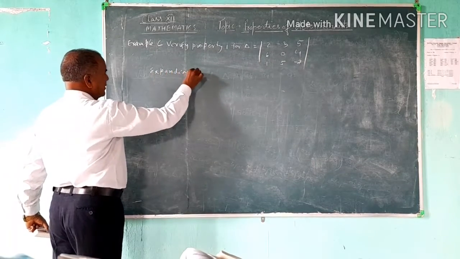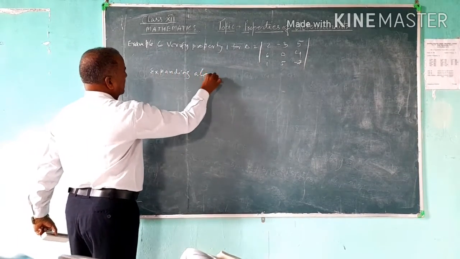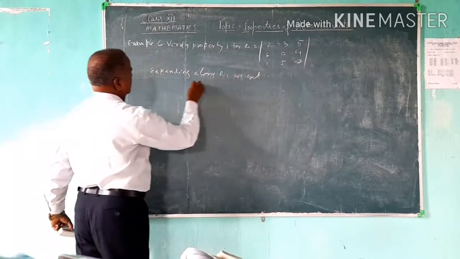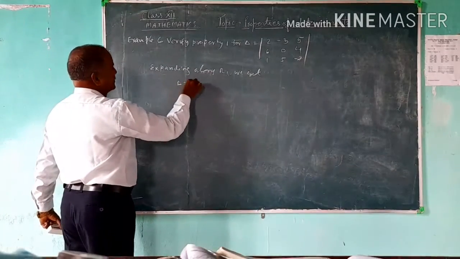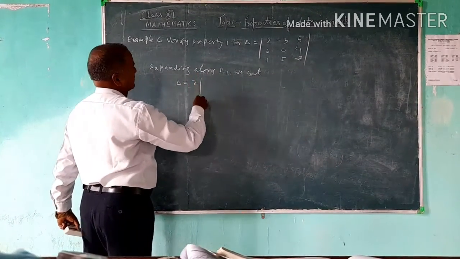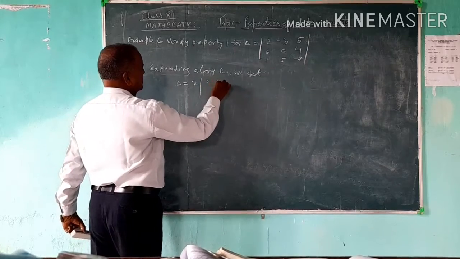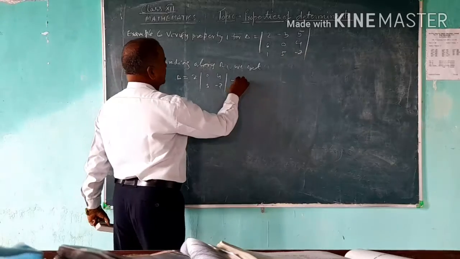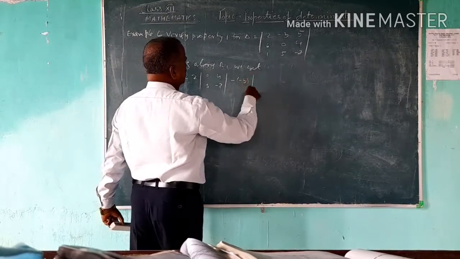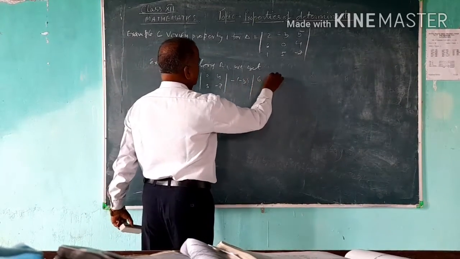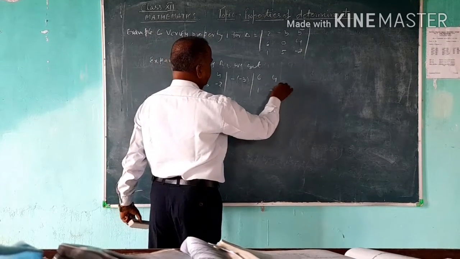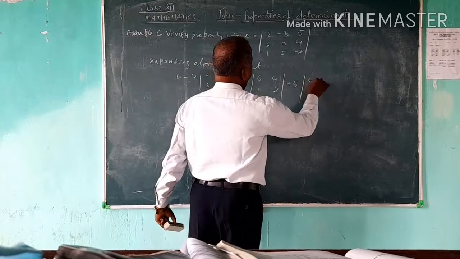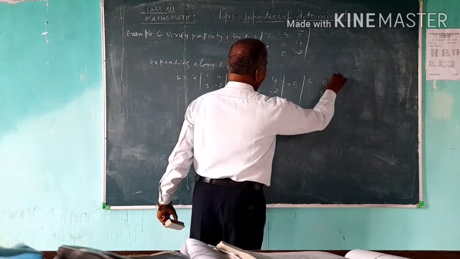Expanding along R1, we get delta is equal to 2 into (0, 4, 5, minus 7) minus 3 into (6, 4, 1, minus 7) and plus 5 into (6, 0, 1, 5).